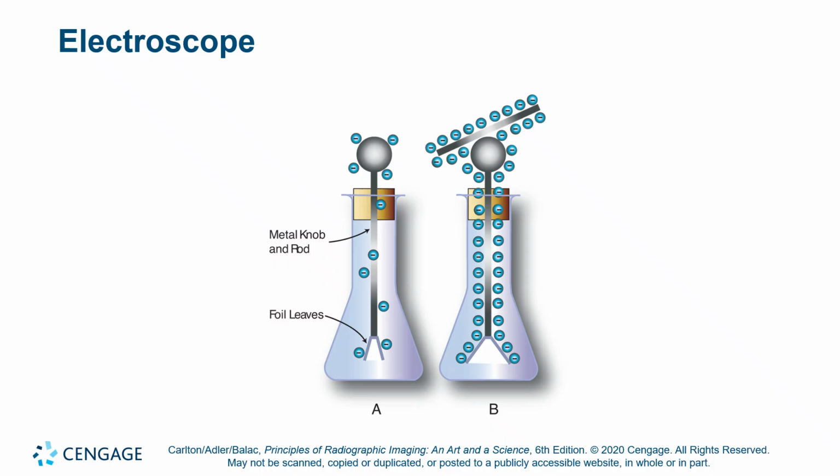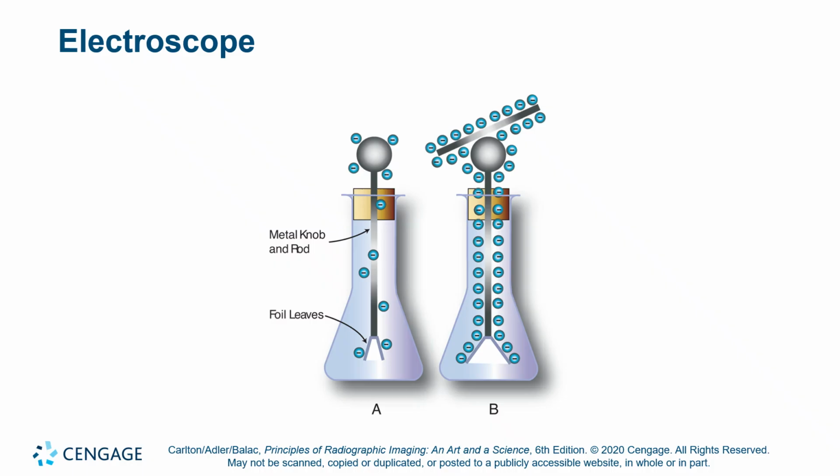The first electroscope was just gold foil suspended from a metal rod that went through a cork, and then there was a sphere on the top of the metal rod, and then you'd put the whole device in a flask. Okay, and that was to isolate the foil leaves and separate them from the charged object.